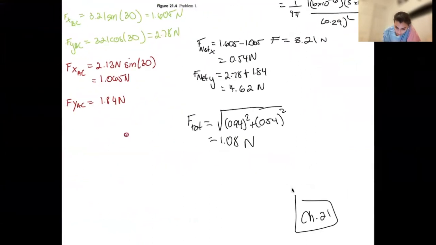So what we have is C feeling a Y force of 4.62 and a force along the X of 0.54. What we want is this resultant force right here, and to get that, we use the Pythagorean theorem. So that would be 4.62 squared plus 0.54 squared.